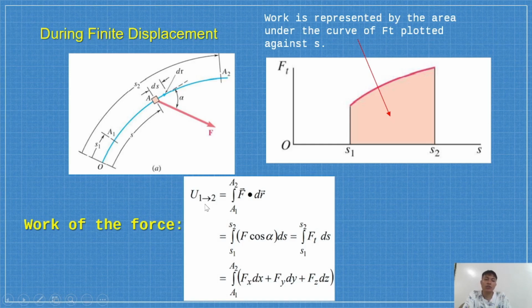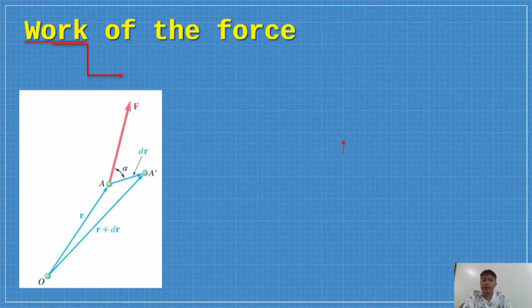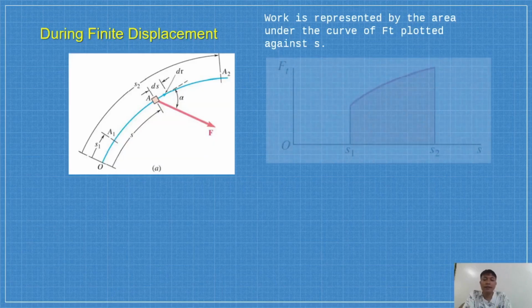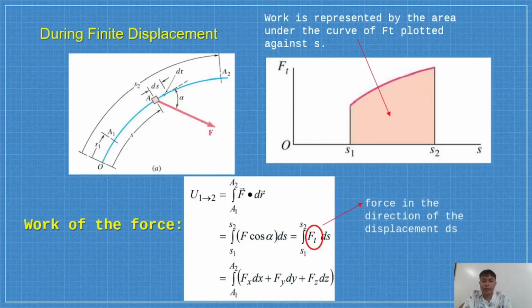So the work of the force, as the motion goes from position 1 to position 2, is equal to the force multiplied by the differential vector, evaluated from position 1 to position 2.